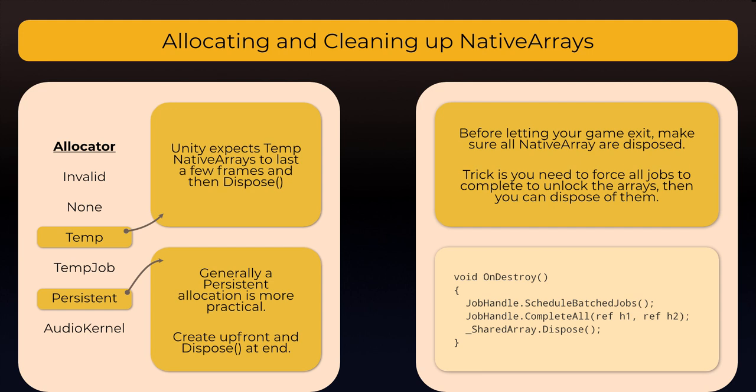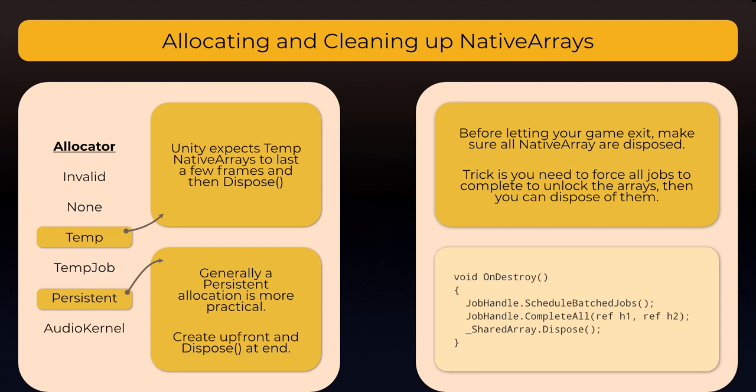Now, just a couple of little tricks here. When you try to dispose of a native array, you need to make sure that any jobs that were using it are all complete. So I found there's a nice trick, and you can see this in the slide: in the MonoBehaviour that's managing the native arrays, that allocates them and then later frees them, you can have an OnDestroy method.